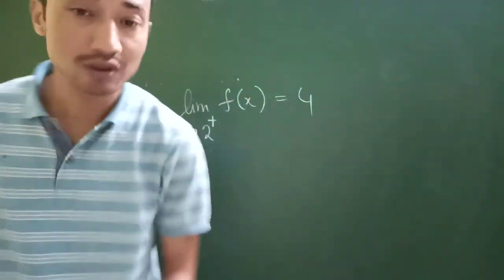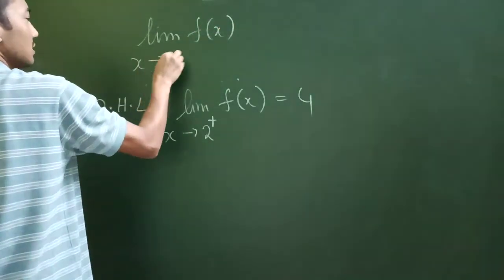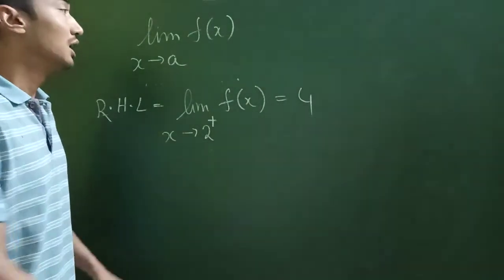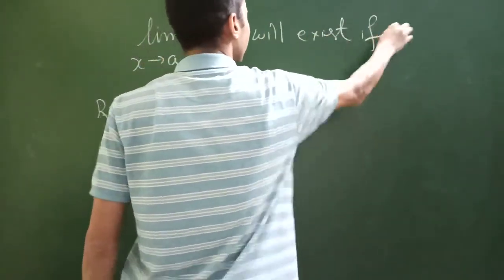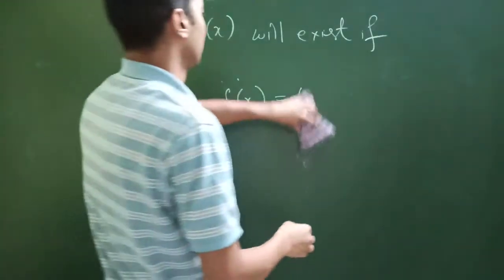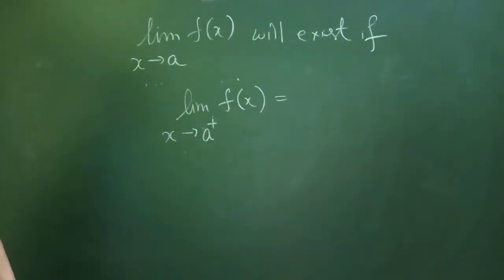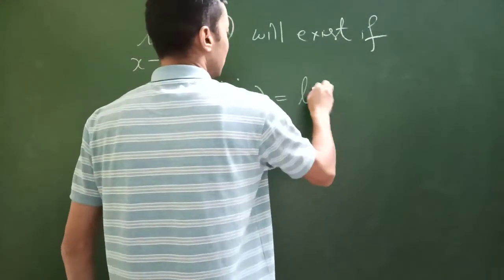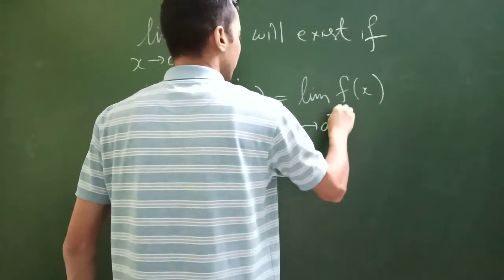The limiting value of a function as x tends towards a, where a can be any point, will exist if the limiting value as x approaches a from the right hand side is equal to the limiting value of the function as x tends towards a from the left hand side.